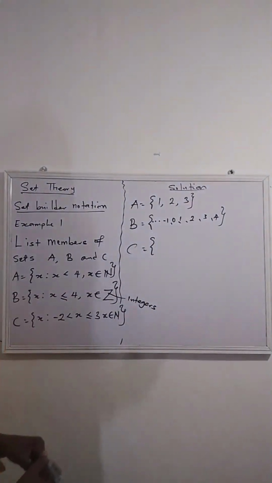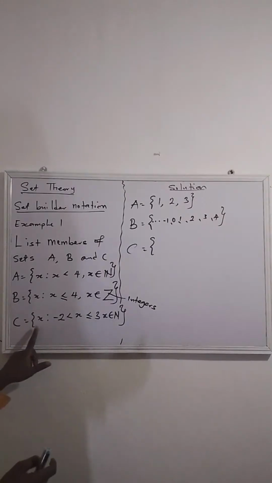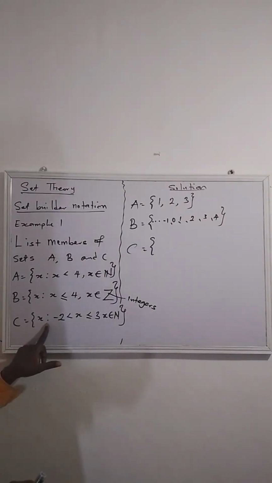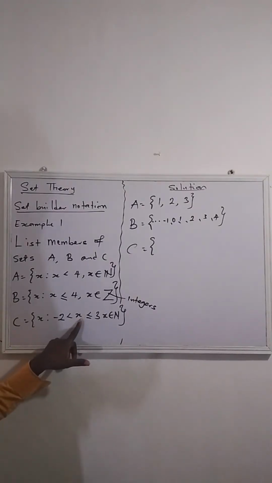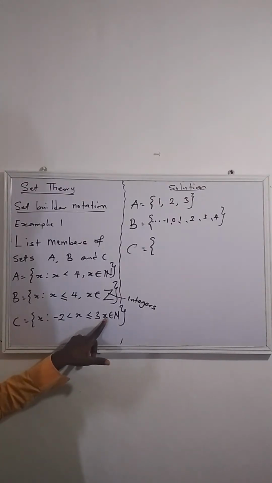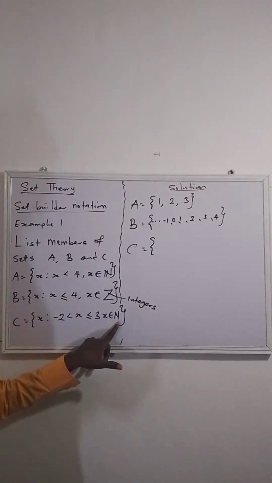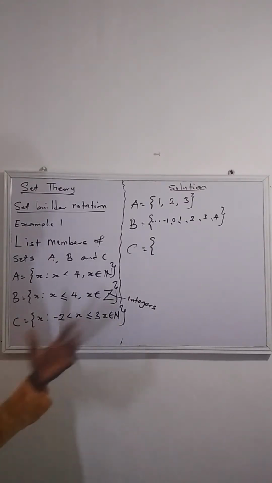Now look at the third one. C is the set of x such that -2 is less than x and x is less than or equal to 3, where x is a member of the natural numbers.